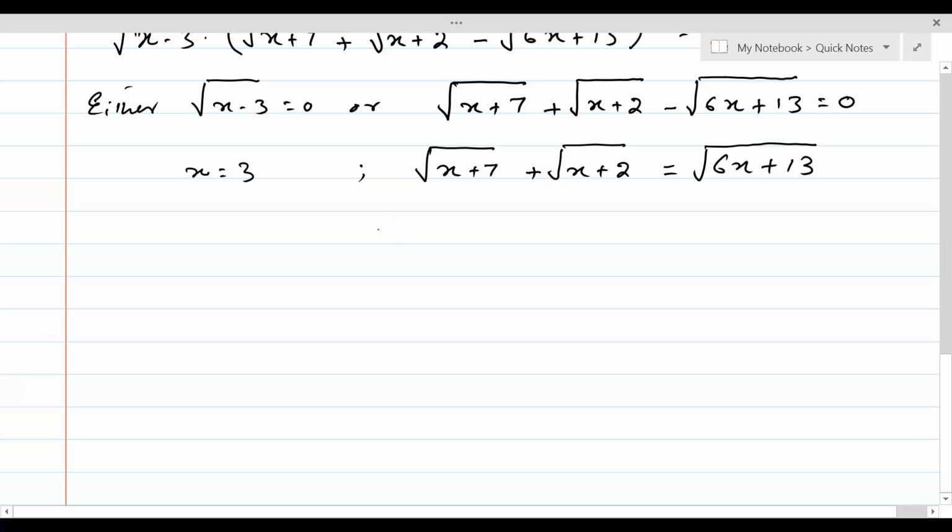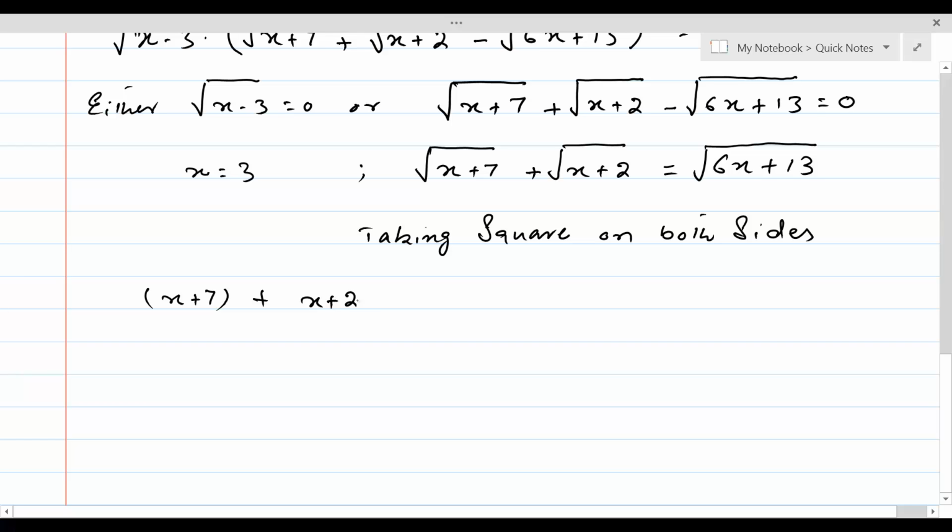So for this purpose we are going to take the square on both sides. This would be x plus 7 plus x plus 2, plus 2 times the square root of x plus 7 times x plus 2, equal to 6x plus 13.